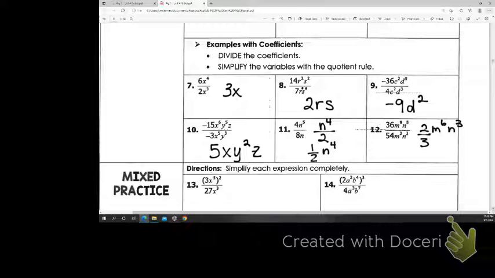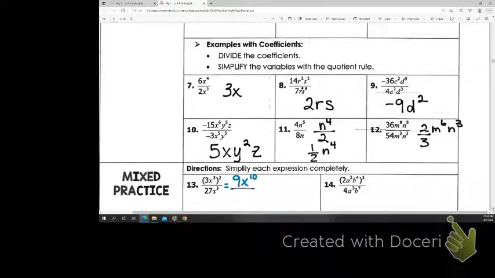Mixed practice. Now we get to use more than one rule. If there is an exponent on the outside of parentheses, we want to take care of that before we use the quotient rule. So the top of this one, 3 to the second, 9, and then x to the 5 times 2 is 10.